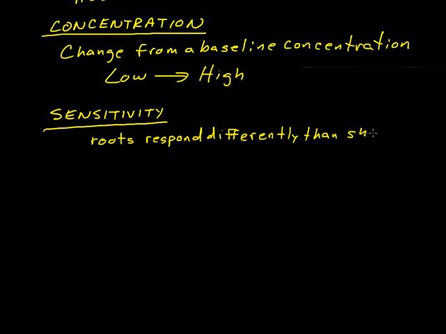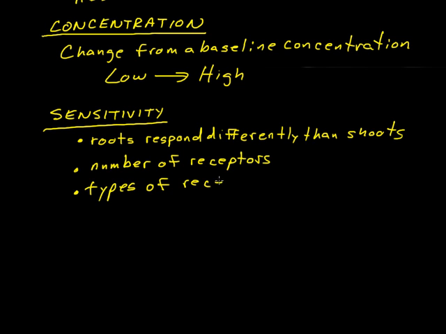To get a little more technical on the subject of sensitivity, what determines sensitivity? Well, sensitivity is determined by the number of receptor sites and also the types of receptors.